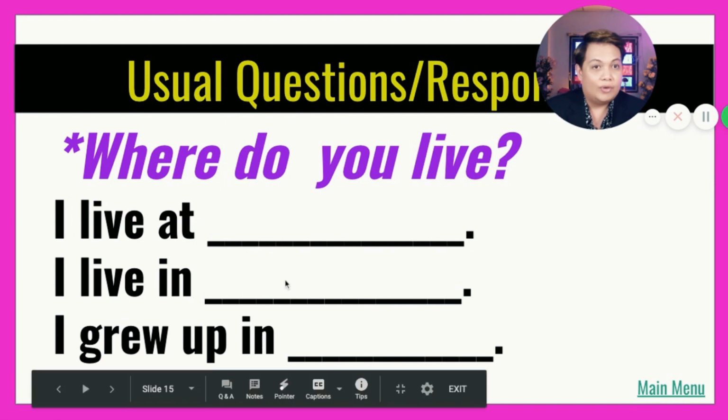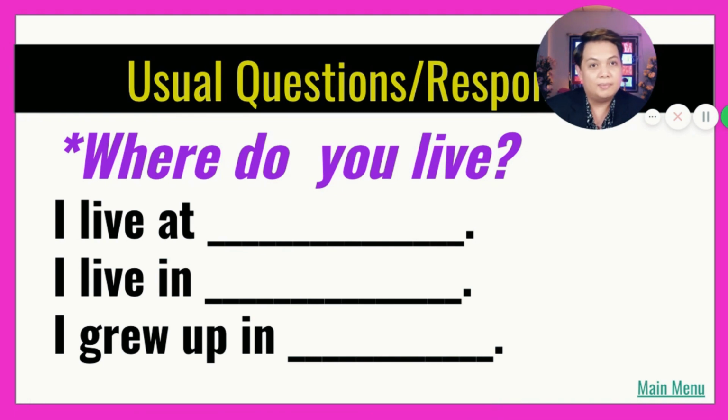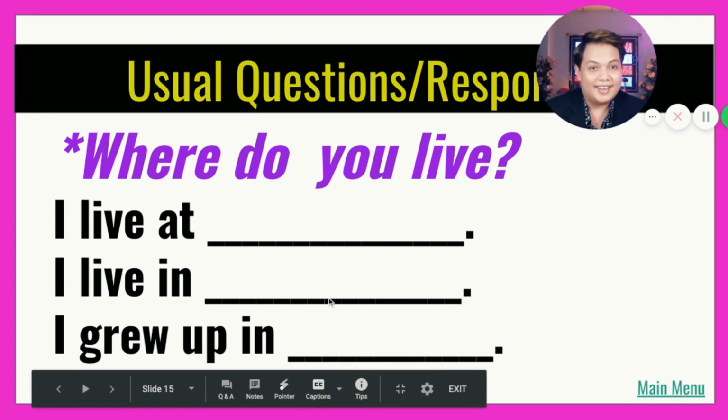I live in Rayong or Changner. So that's it. Okay? When you say I grew up in, followed by your hometown. I grew up in the Philippines, or I grew up in a town called Naga, Camarines Sur. So things like that, right? So here, fill in your information right over here.